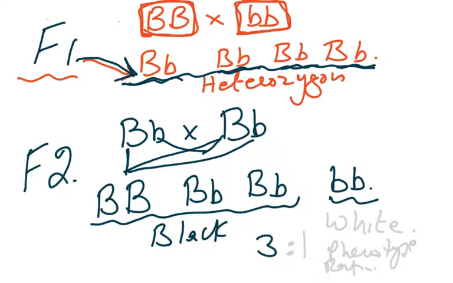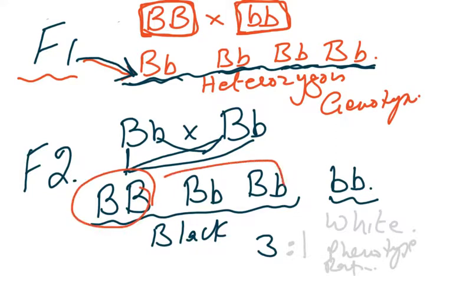But what will the genotype ratio be? The genotype ratio will be 1:2:1. In the same question, the phenotype ratio is 3:1.